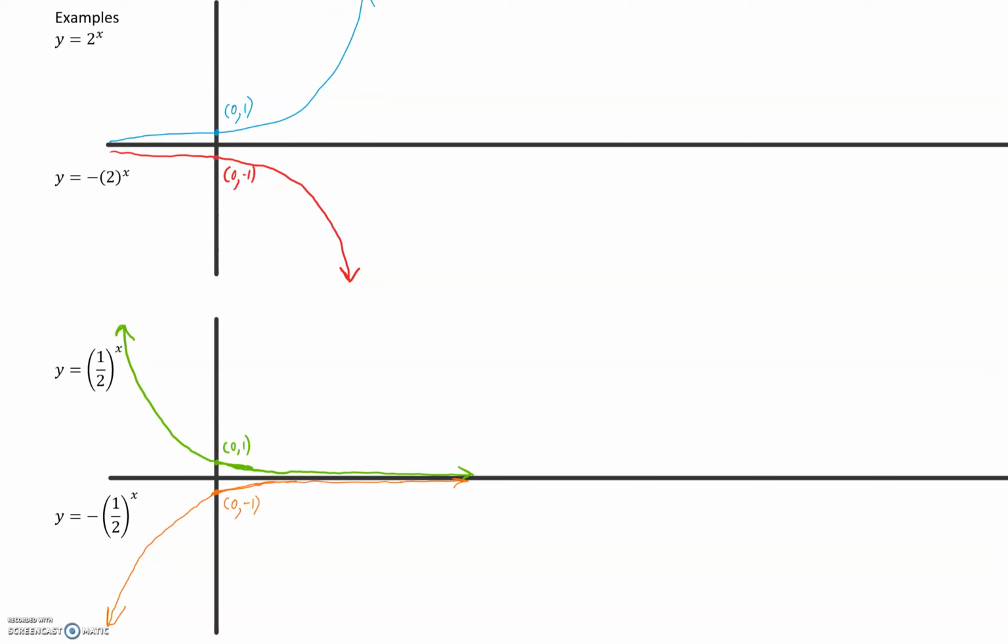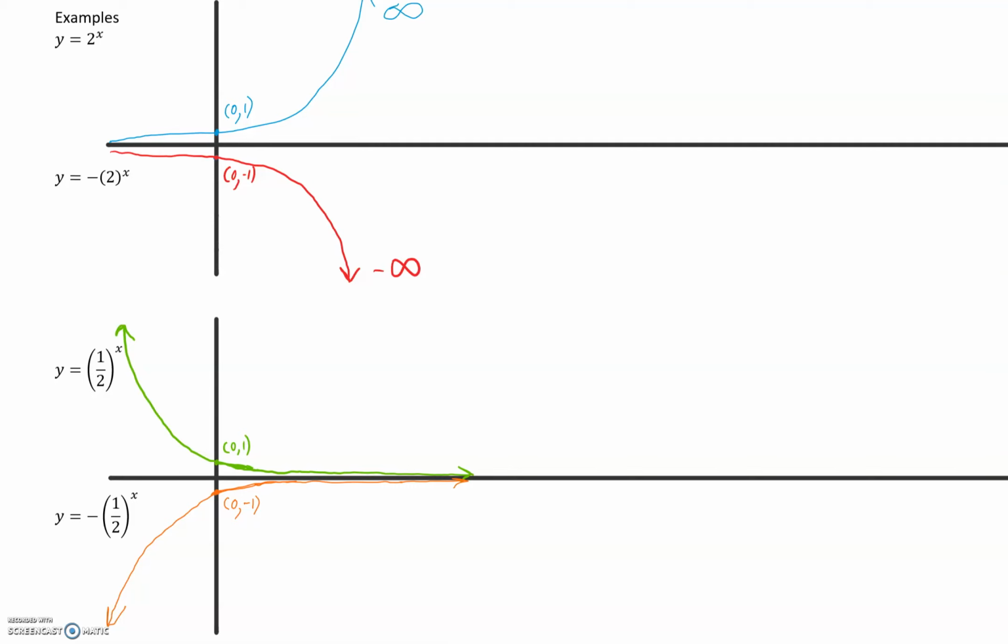So the a value determines whether or not it's going to be on the top or the bottom. And the b value, if it's a whole number, it's going to be curving towards infinity, whether that be negative infinity, right, or that's positive infinity.